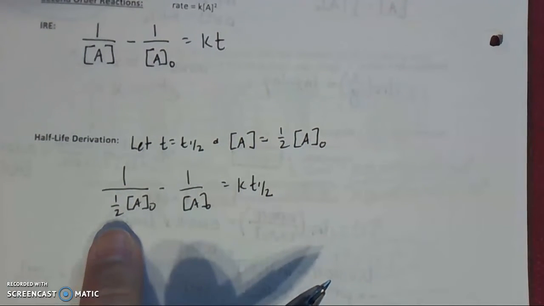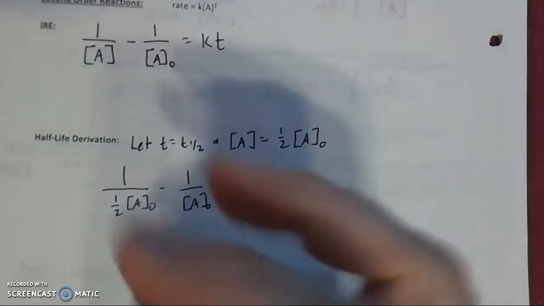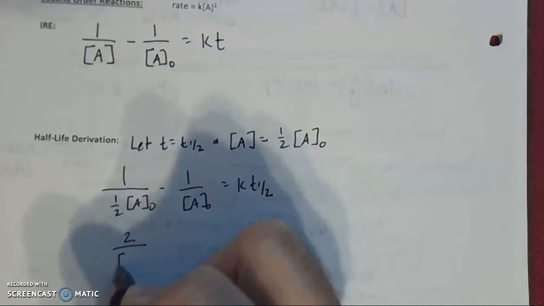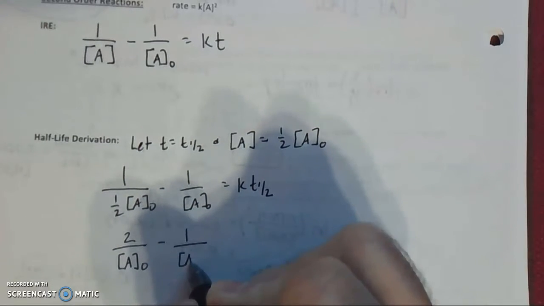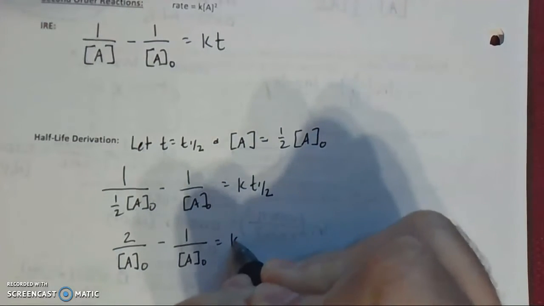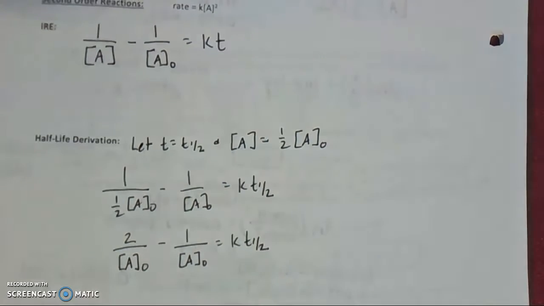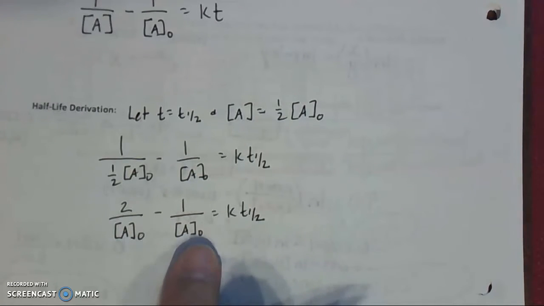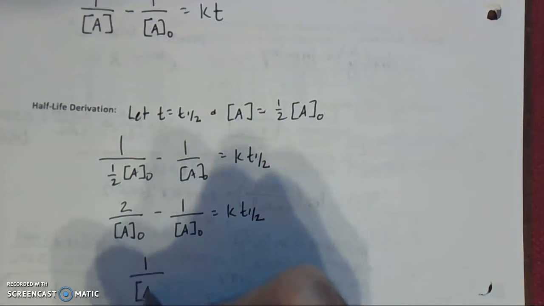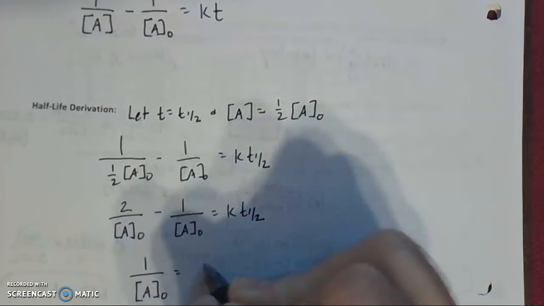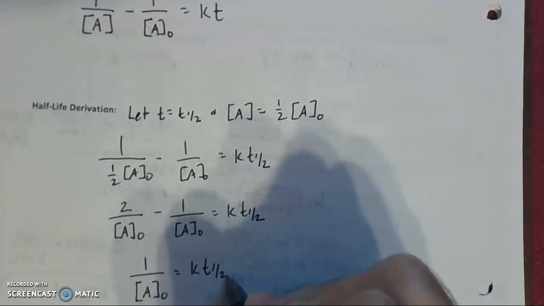If we bring the 1/2 up to the top, we end up with 2 over A sub 0 minus 1 over A sub 0 is equal to k t 1/2. This ends up just being a subtraction of fractions because the denominators are both the same. So we end up with 1 over A sub 0 is equal to k t 1/2.